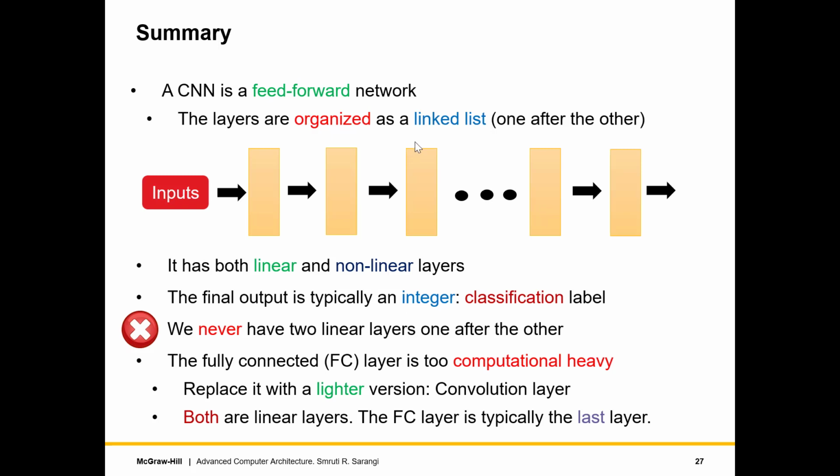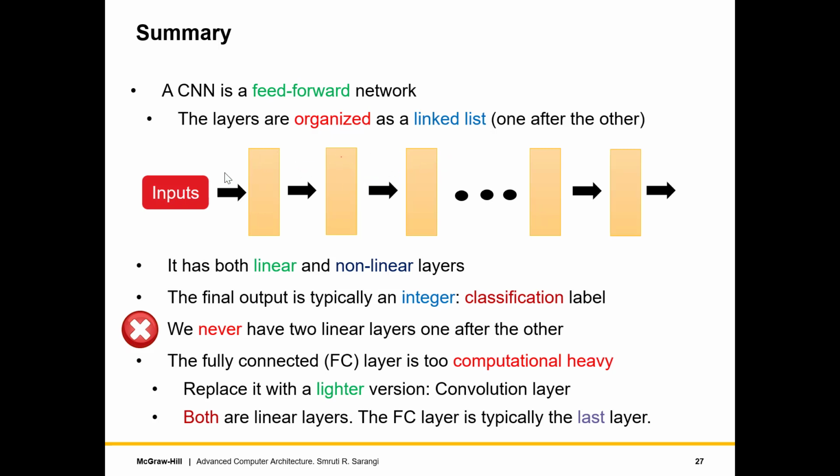So if I come to the summary of what we discussed, and we did discuss a lot, a lot in terms of machine learning, a lot in terms of network design. What we said is that in a typical CNN, it is a feed forward network where the layers are organized as a linked list, one after the other.